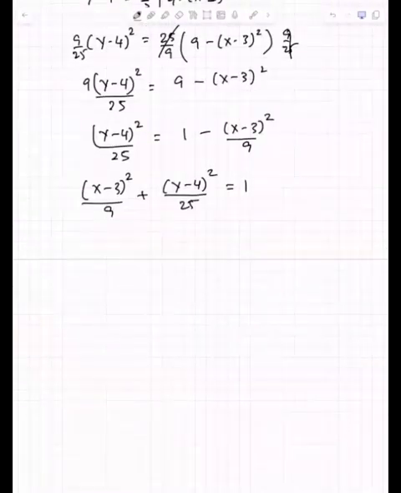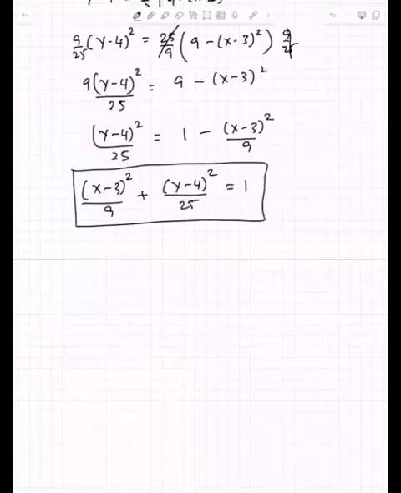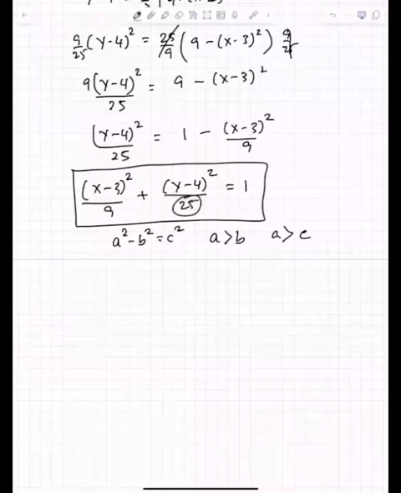And remember, for an ellipse, let's get practice sketching this. We know for an ellipse, a squared minus b squared is equal to c squared. A is always bigger than b, and a is bigger than c. So my a squared is 25 and b squared is 9. That's my a squared, that's my b squared. And again, to check with the originals, without a transformation, this is what it would have been.